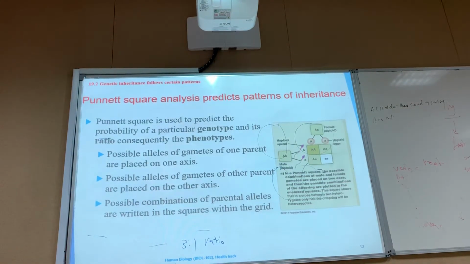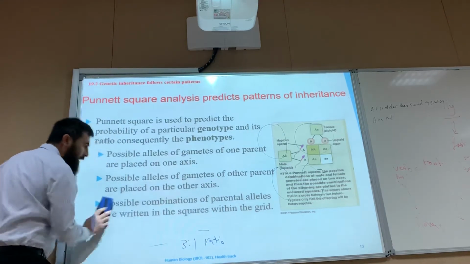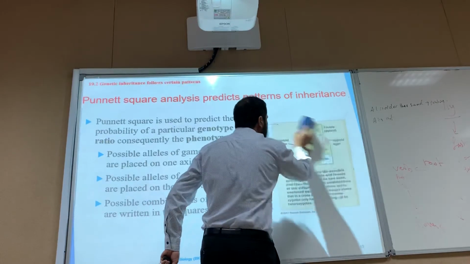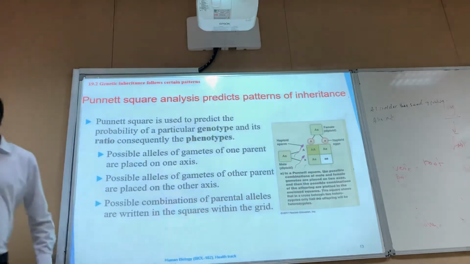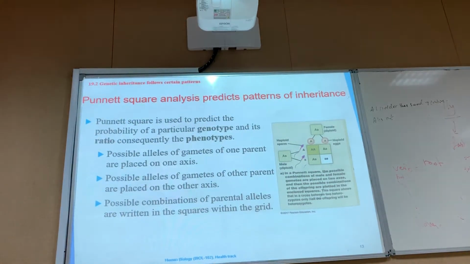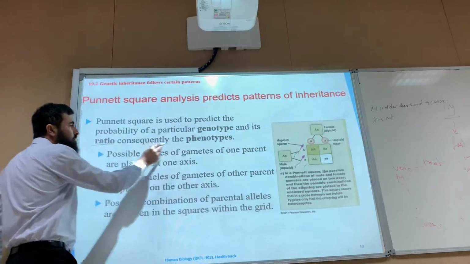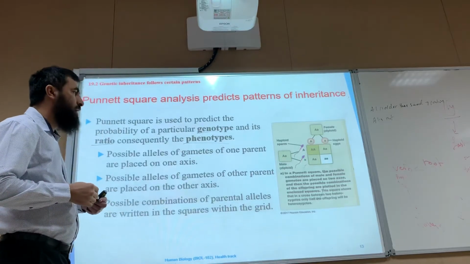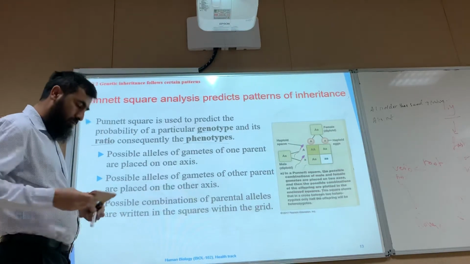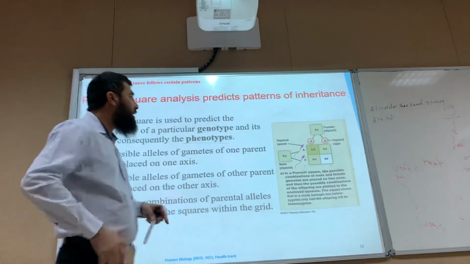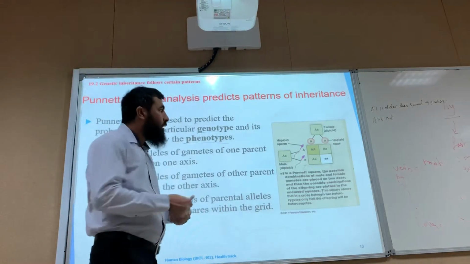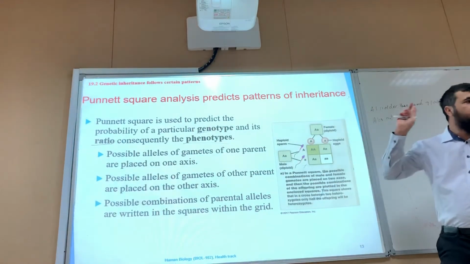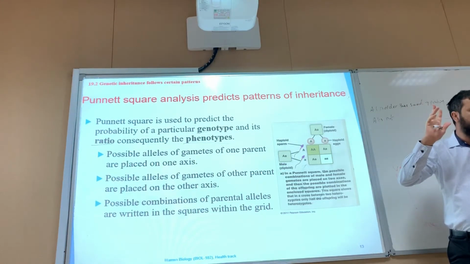So we can use this Punnett square to determine the genotype and the phenotypic ratio. The ratios of the genotype and phenotype can be found using these Punnett squares. If you have a look here, remember the gametes, the factors, those alleles segregate during gametogenesis.